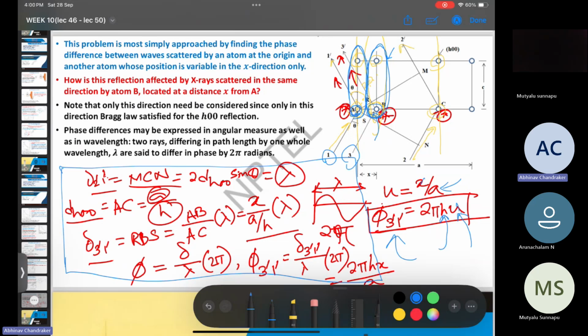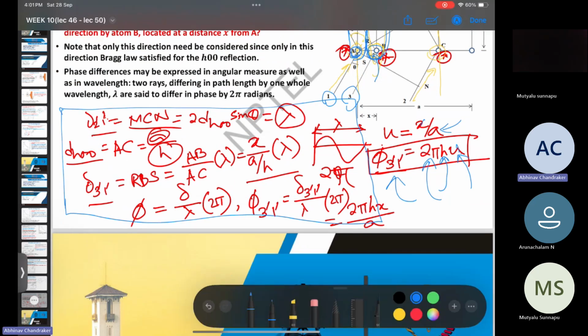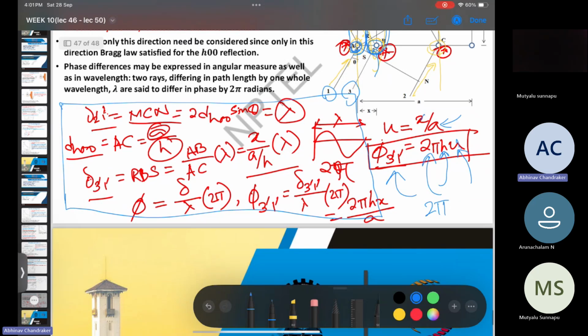If u is equal to 1, then it will be 2 pi h, which will be an integer. So this will lead to a path difference which will be a multiple of lambda, because it is important to know that a 2 pi phase difference corresponds to a path difference of lambda.